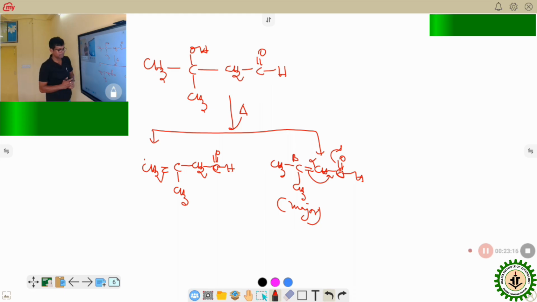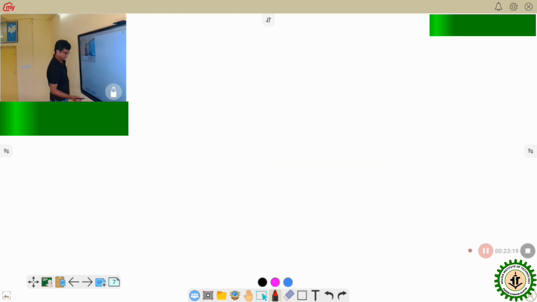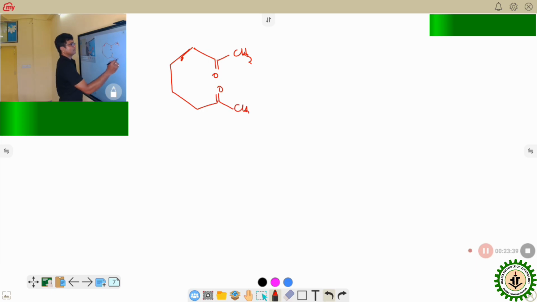So let us take an example of intramolecular aldol condensation. Here a diketone is taken as substrate, and it is treated with a similar reagent. Now what will form first?